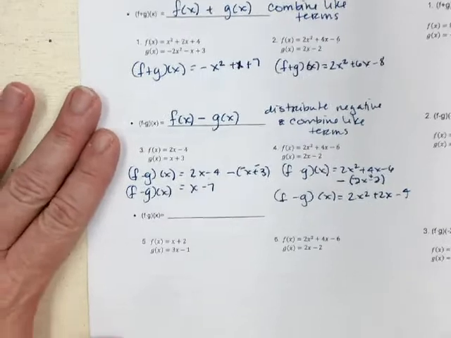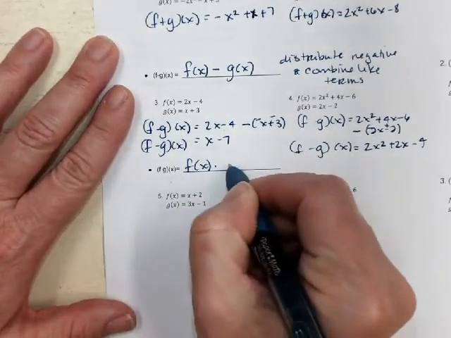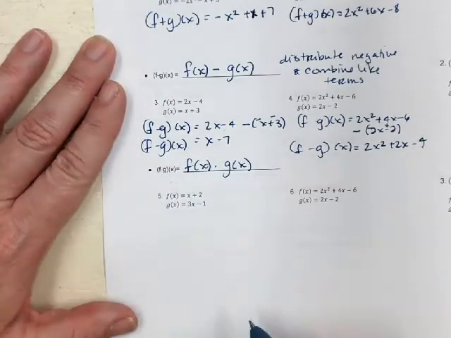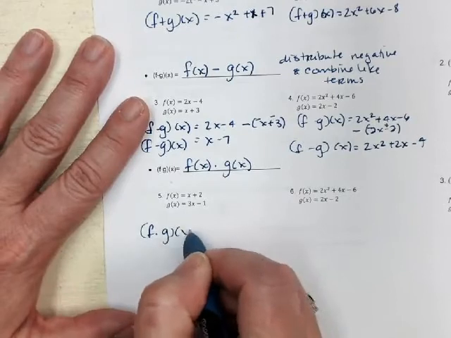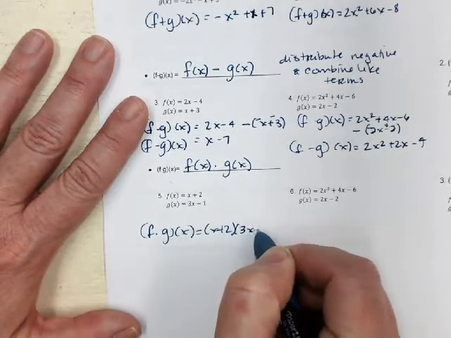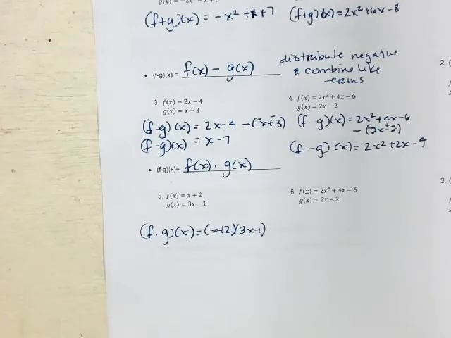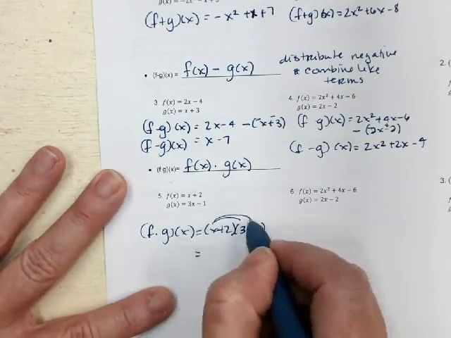Multiplying f times g of x means we're going to take this function and multiply it by this function. So if I do f times g of x, I've got x plus 2 times 3x minus 1. So it's just like the operations with polynomials, we've just got the function notation up front. So you do your distributive property twice.